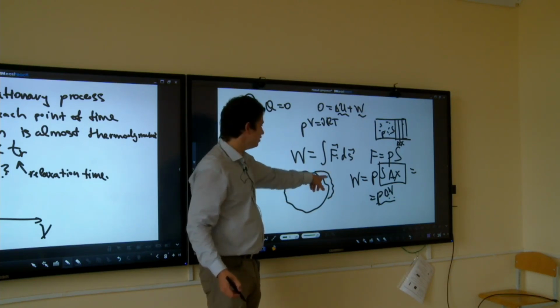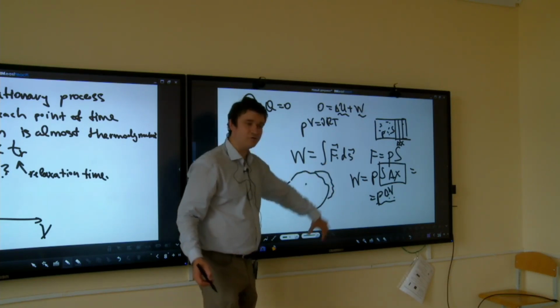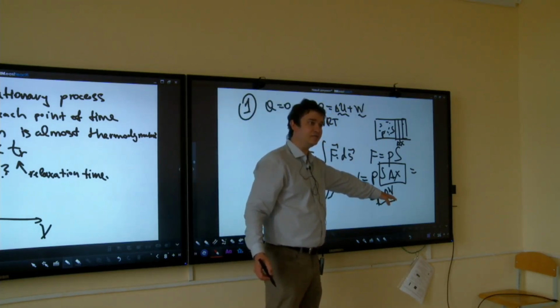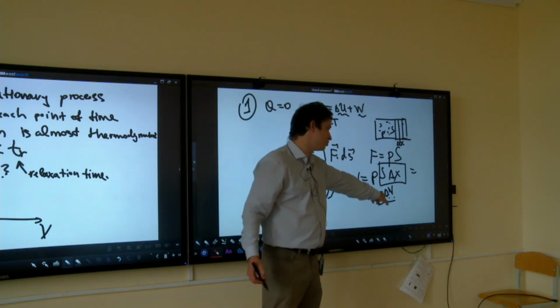And after you integrate everything over this volume, you would obtain the very same result, that the work done by the gas is equal to P times delta V.